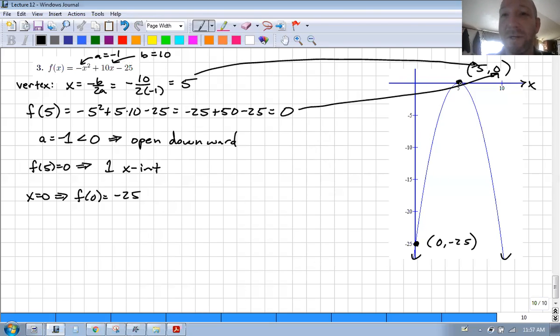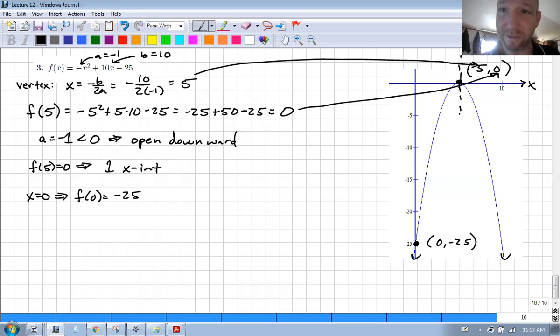So that'll give you another point. Once you get these 2 points, you can kind of know what it looks like. Be like, it looks like that. Okay. So that's the fastest way to figure out what your parabola looks like. Get your vertex, boom, and then look at your C value, because that's going to be where your y-intercept is. Okay. Those 2 points give you an idea of what your graph looks like.